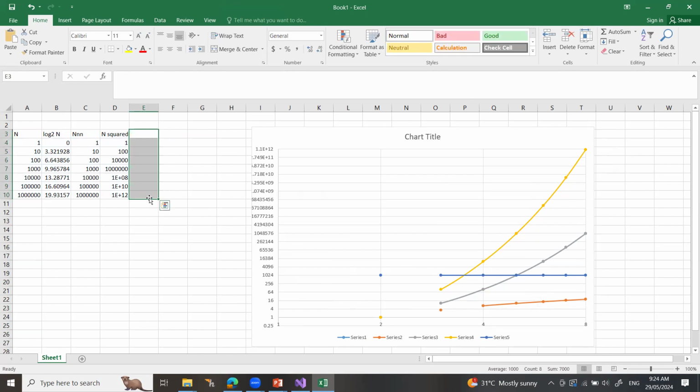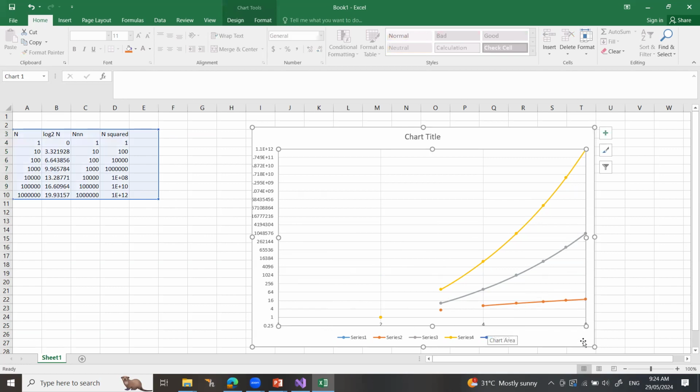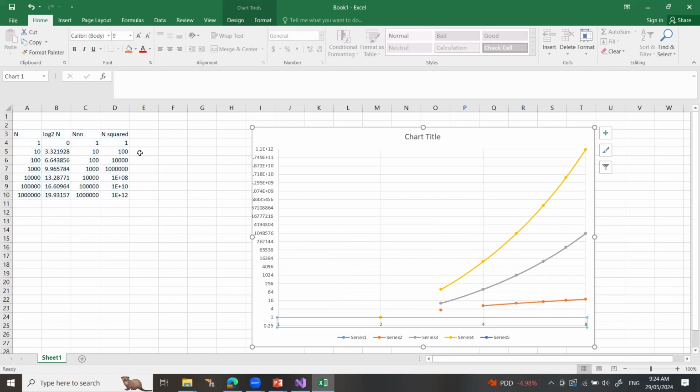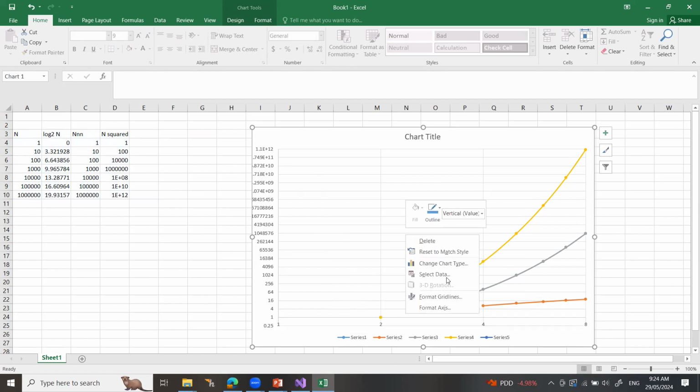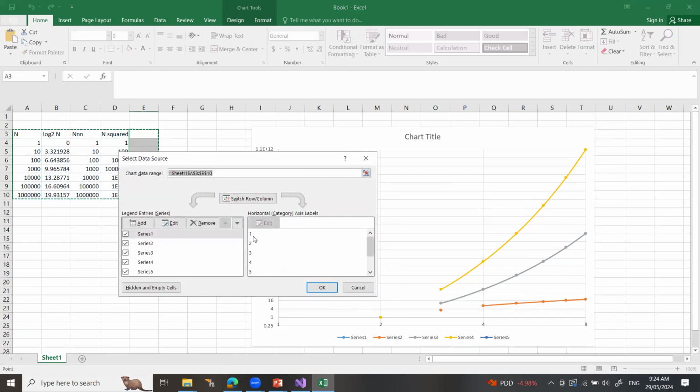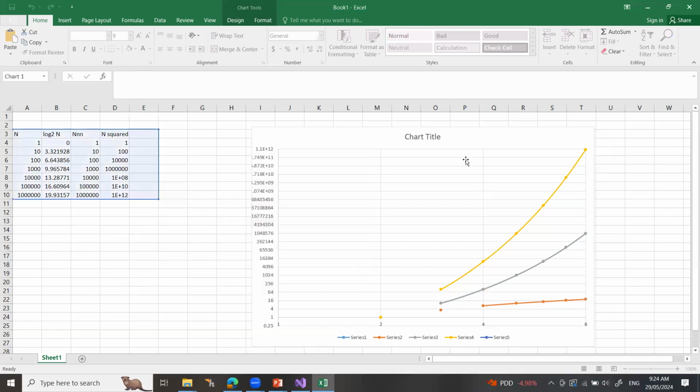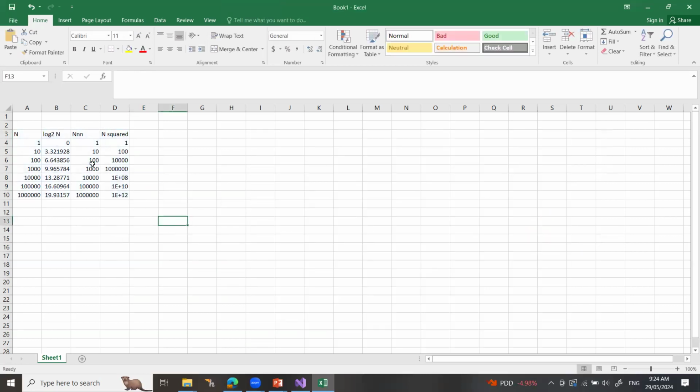Just going to delete this one for now. I think something went wrong with my data. We'll delete this and redraw it because clearly something went wrong, right? Let's kill the n squared for a second.